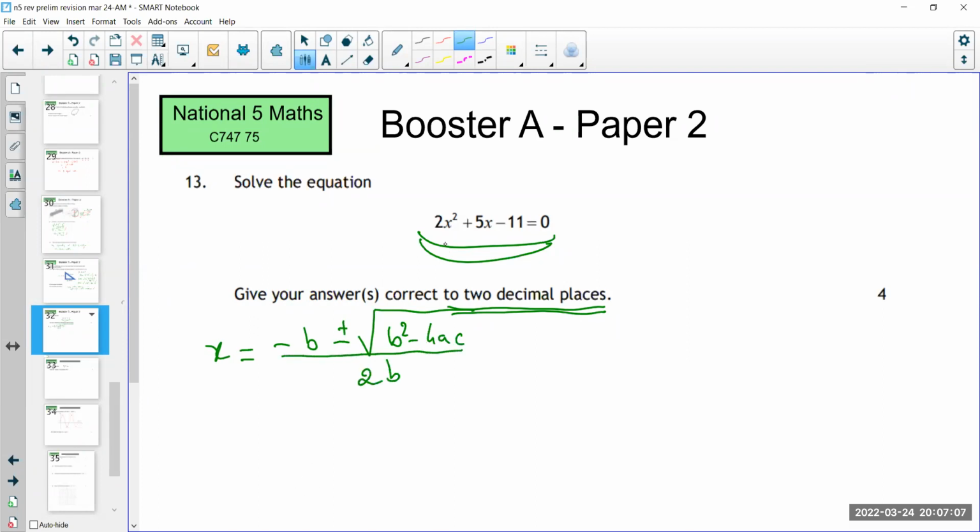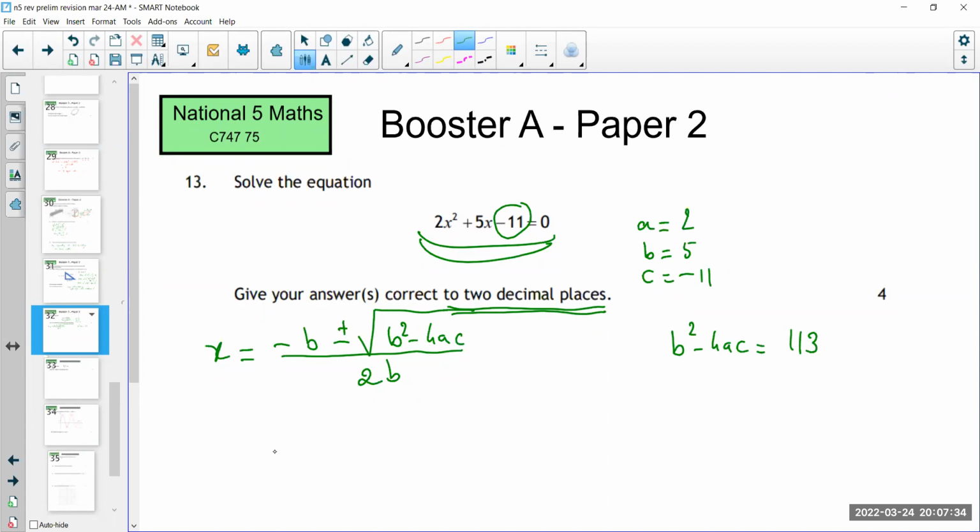First thing first, find out what a is equal to, b equal to, and c. Remember c is the whole number, negative 11. That's the bit that people sometimes put 11. Then you would calculate first b squared minus 4ac. And when you do that, you get 113.